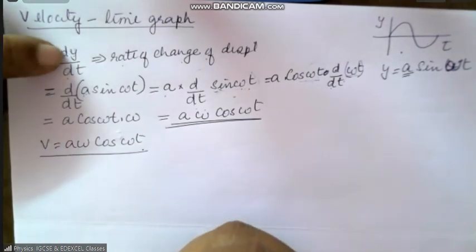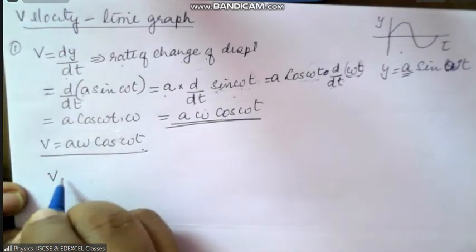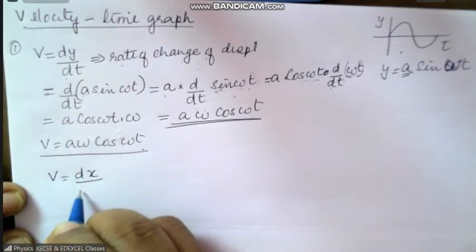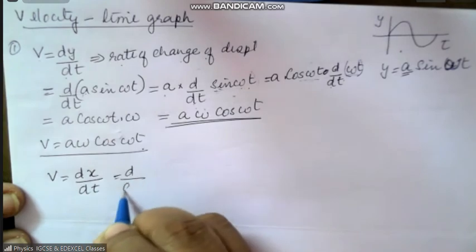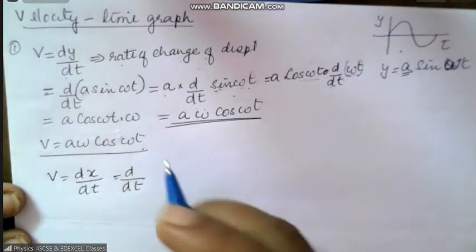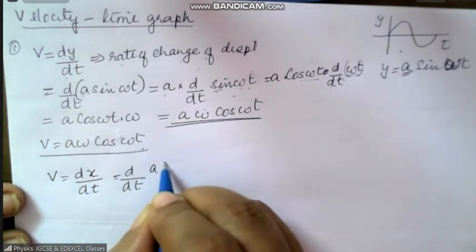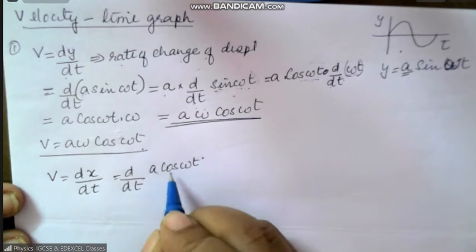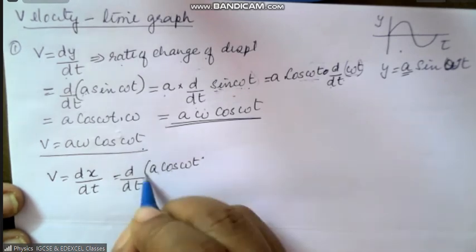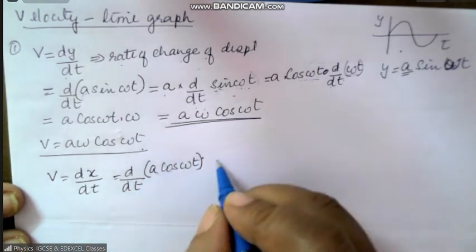If you have taken y as the displacement, you get this. Had you taken x as the displacement, what will you get? dx by dt. Remember? Now what is this? d by dt of the other equation. What was x? x was a cos omega t. Now what is the differentiation of this?